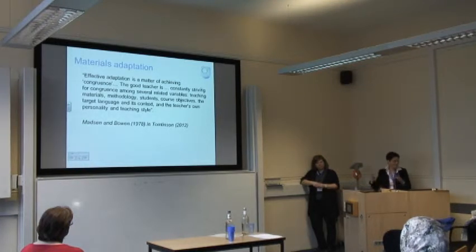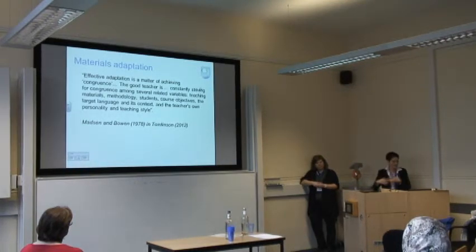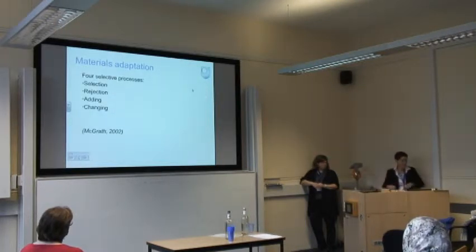They try to find congruence between their teaching beliefs, the theories and the methodology, the context they're teaching in, and their personality, in order to decide among a number of possibilities. I mean, there are four selective processes.